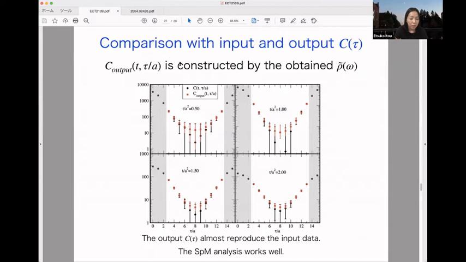This is a comparison plot of the input correlation function, black data, and the output correlation function, red data, which is constructed from the spectral function obtained on the previous slide. We see the output correlation function almost reproduces the input data. So the sparse modeling analysis works very well.